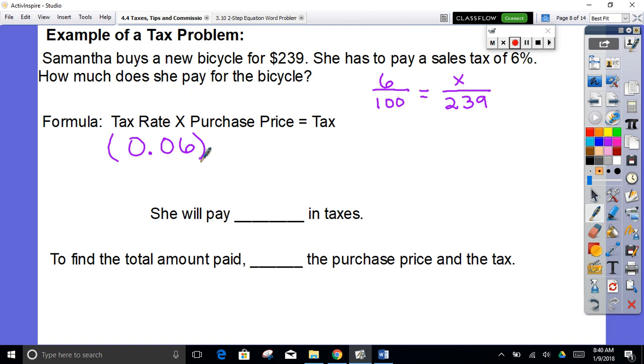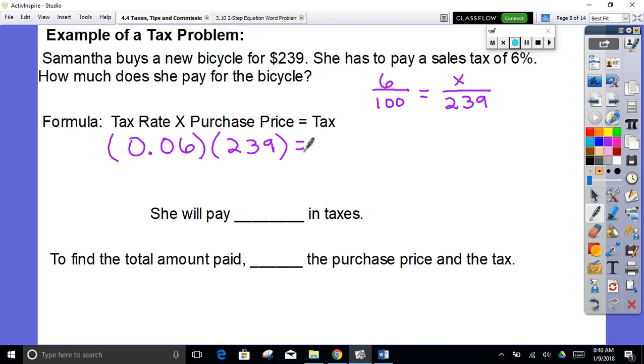You can write it as a decimal and multiply it times the purchase price. This is just a shortcut, especially if you're using a calculator. It makes it a little faster to do the problems. This is how I do all of my percent problems in the real world. I do not write out proportions every time I figure out a percent. I would either do it mentally this way, or I would type it into my calculator.